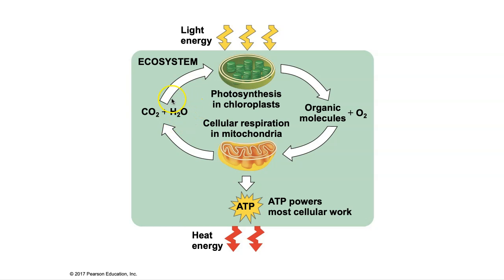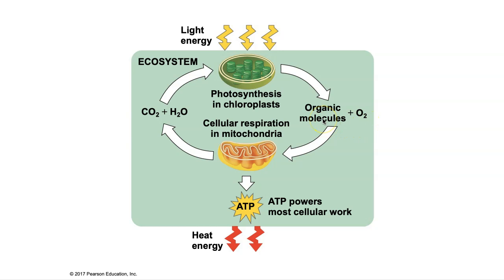We know that plants need water and they need access to good air, and in that air there is carbon dioxide. So plants take the carbon dioxide and the water coupled with light energy from the sun, and the chloroplasts are converting it into organic molecules and oxygen gas.